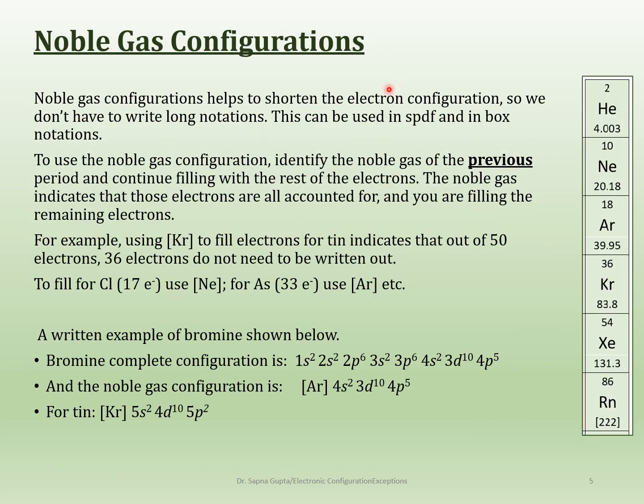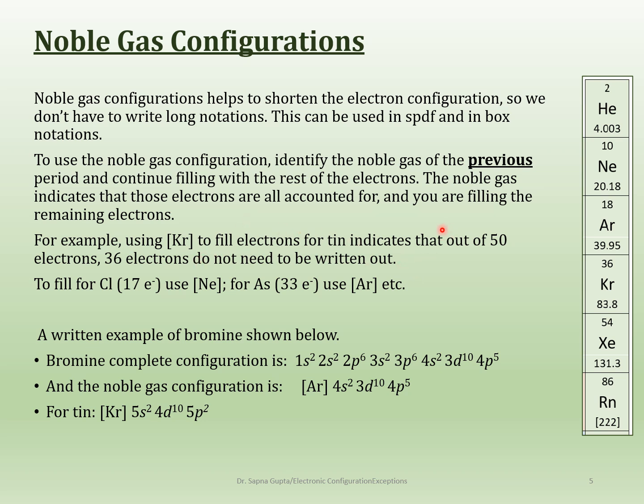Now the noble gas configuration, this is like the best thing possible for us. Noble gas configuration is for when you are writing electronic configurations for so many electrons, like we did iodine before. You don't want to keep writing all of it all the time.